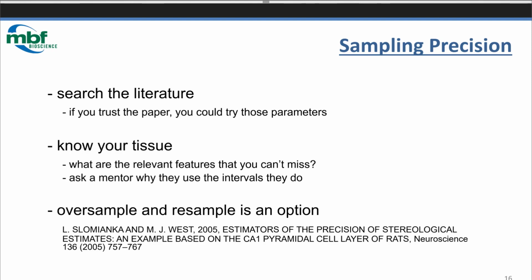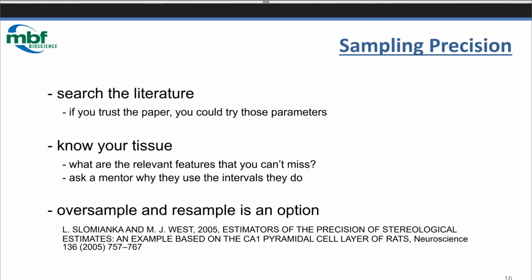The second point here is you are the expert in your tissue. You know the salient features. For instance, pay attention to the peaks of your data. If there's a clump of cells and you don't want to miss that clump, don't set your section intervals so that you could possibly miss it. It's good to talk to a mentor to find out why they are sectioning it the way they do.